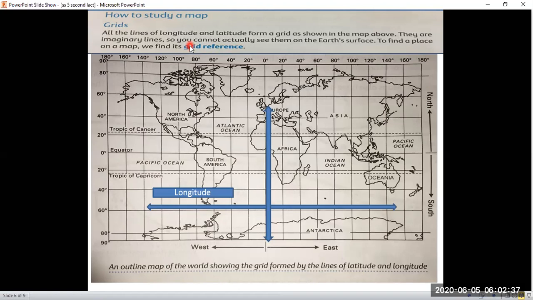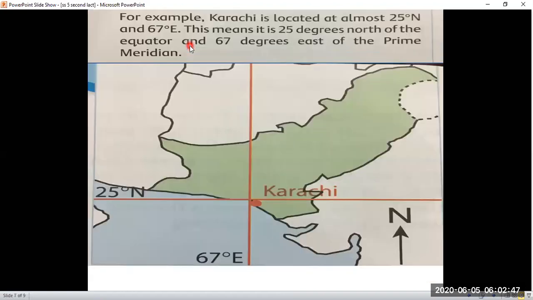To find a place on a map, we find its grid reference. So from this it is clear, and you have seen all the things previously. For example, here we have a map of Karachi, and if we see these grid lines, Karachi is located at 25 degrees north.